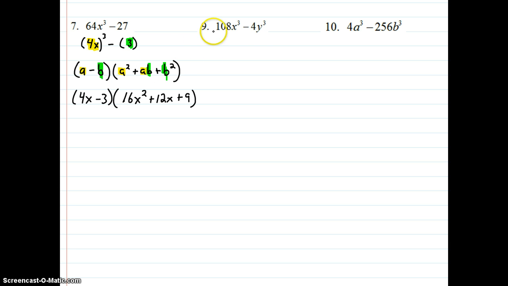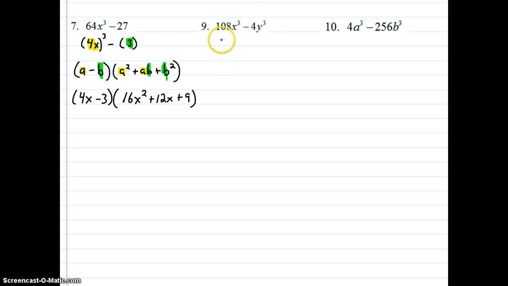So now, I want you to pause the video, try number 9 on your own, and then come back and see if you're right. So as you look at number 9, if you try to figure out what cube gives you 108, it's not going to work. So whenever we factor, the first thing we always do is, does it have a GCF?